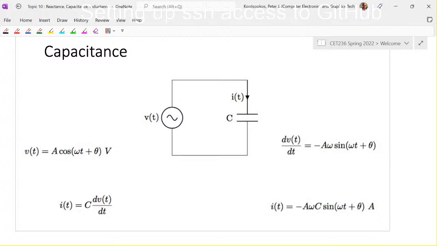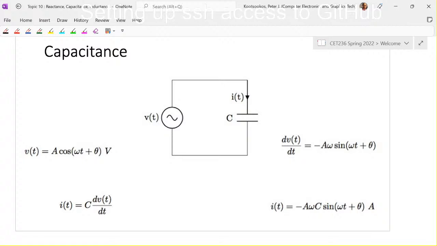So for direct current, for constant voltage, no current flows. It's a gap, right? It's only when the voltage alternates or changes that something different happens.